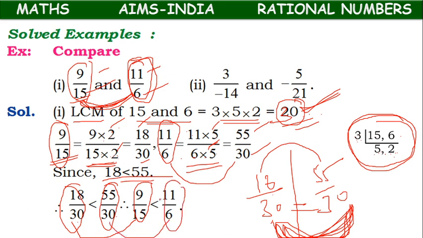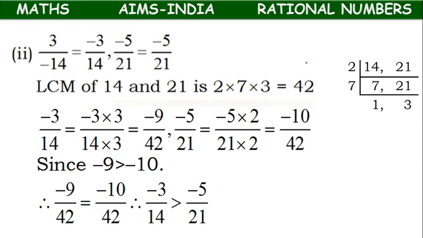So we can tell 9 by 15 is less than 11 by 6. How did we find it out? With the help of LCM. Okay, children. Now let's see the next question: 3 by minus 14, minus 5 by 21.